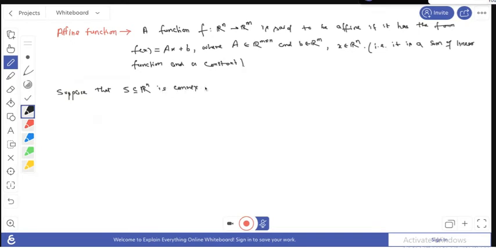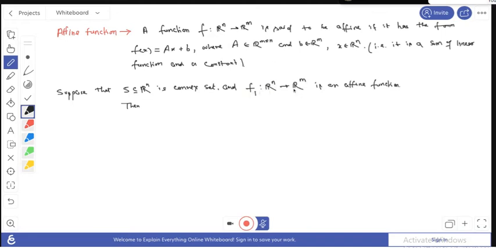We define a function f1 from Rn to Rm, and this function is an affine function. Then what is the image of this set S, which is a subset of Rn?